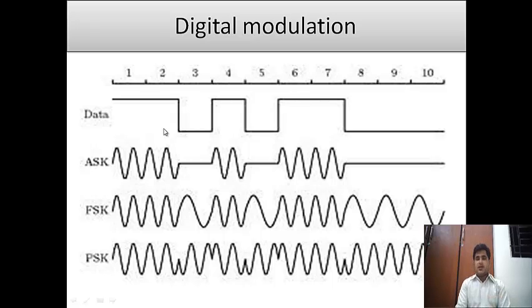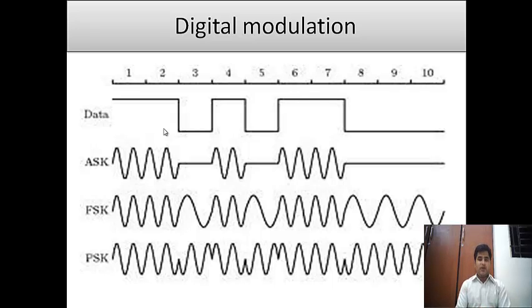So now let's discuss sending multiple bits. In summary, each of the three modulation techniques can be refined to send more than one bit at a time. It is possible to send 2 bits on one wave by defining 4 different amplitudes.